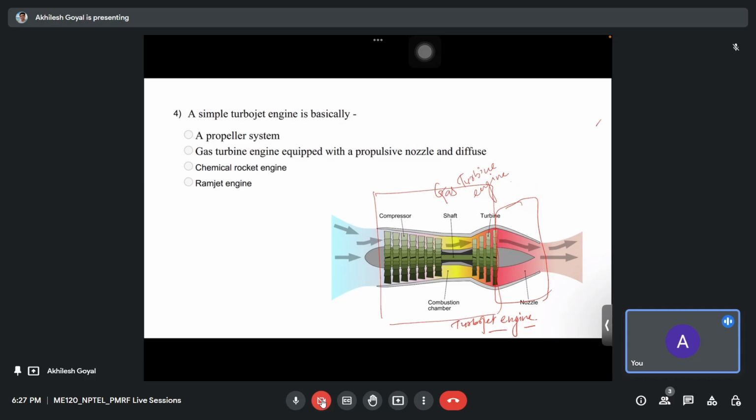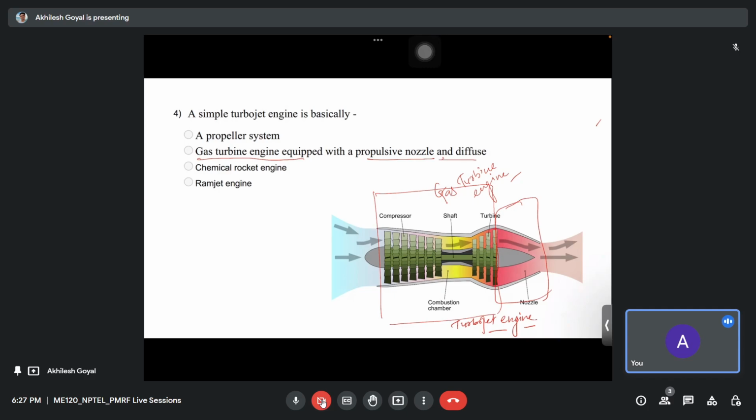Okay. So now let's go back to the question. A simple turbojet engine is what? Basically it is a gas turbine engine, and it is equipped with the propulsive nozzle. This propulsive nozzle causes the main thrust we need to get propulsion, right?